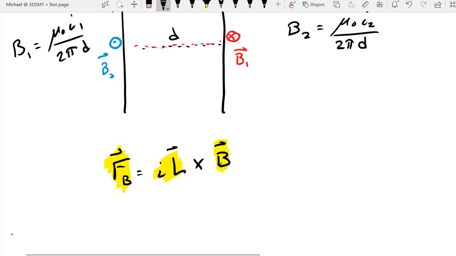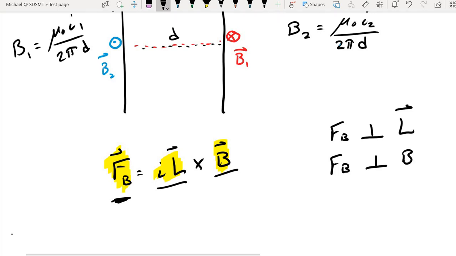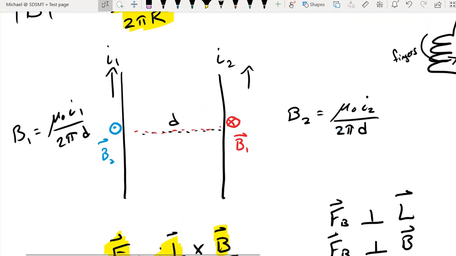The first thing that we should remember about any cross product is that the resultant vector in a cross product is always perpendicular to the two vectors that are used in the evaluation. So whatever direction the forces point with respect to these wires, they both have to be perpendicular to both the length and the magnetic field.